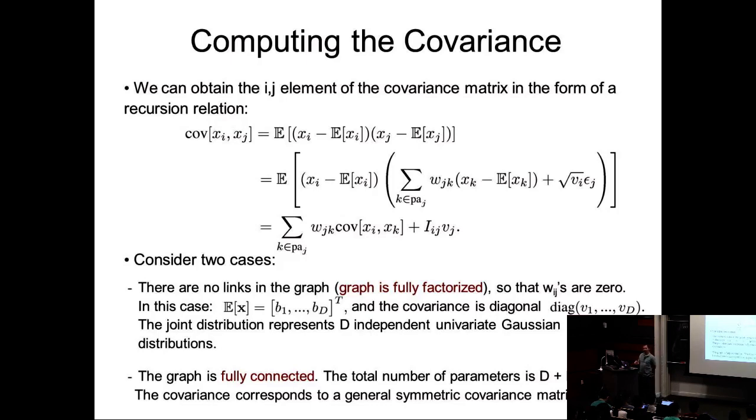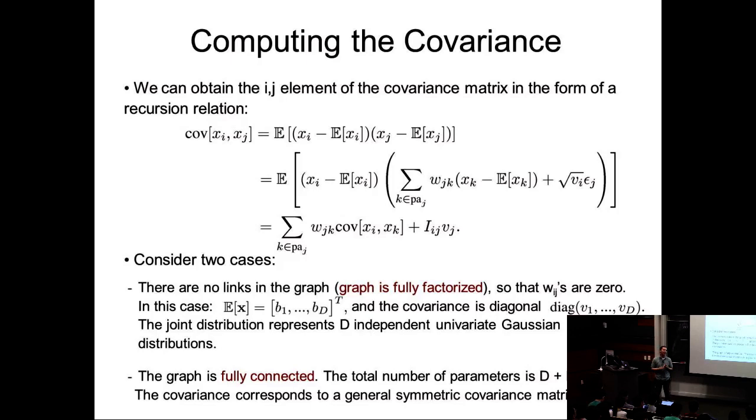On the other hand, if the graph is fully connected, everything is connected to everything, then the total number of parameters is going to be d squared over 2 for the covariance and d for the mean. It's divided by 2 because the covariance has to be symmetric. But this basically specifies a full Gaussian distribution over d random variables.